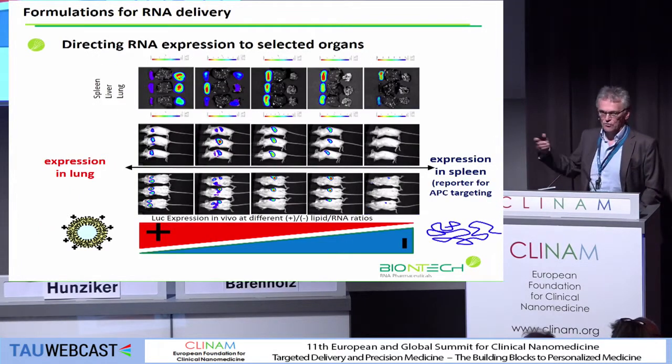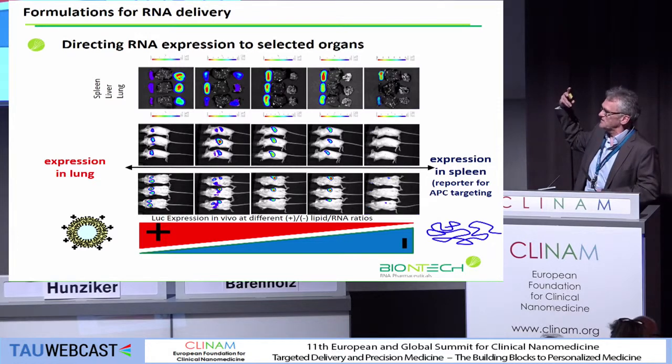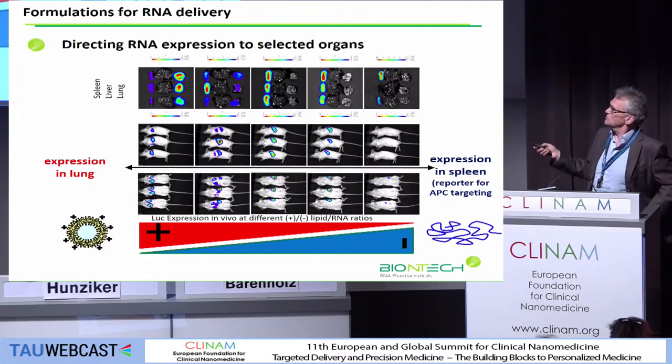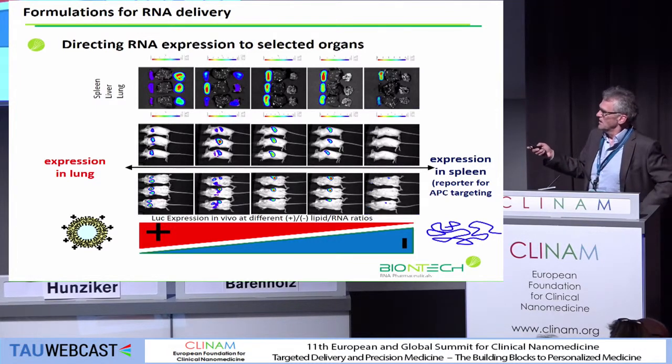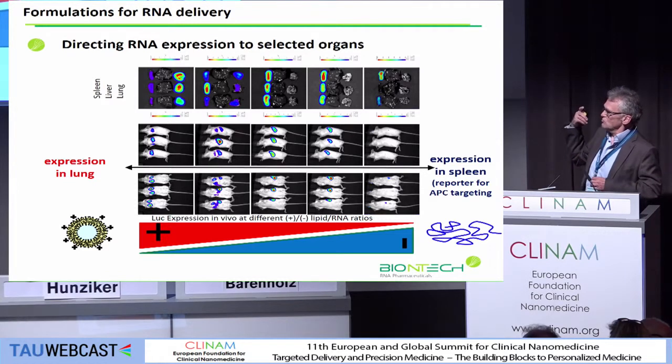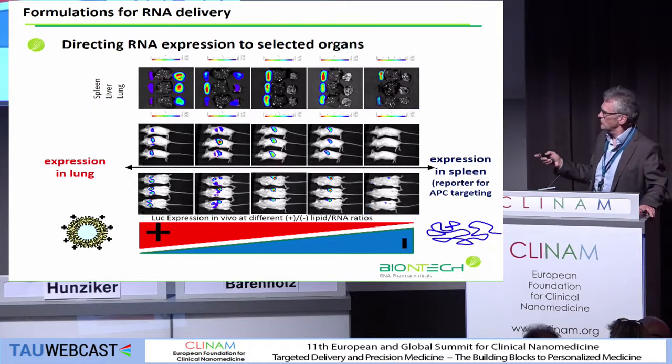And of course, the ultimate readout is always biology. So you want to get the ideal signal here using luciferase coding RNA as a reporter gene again in mice. And so you want to optimize your product towards the optimized effect in vivo.